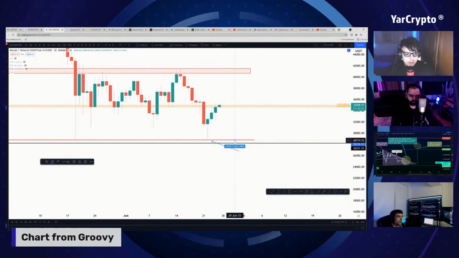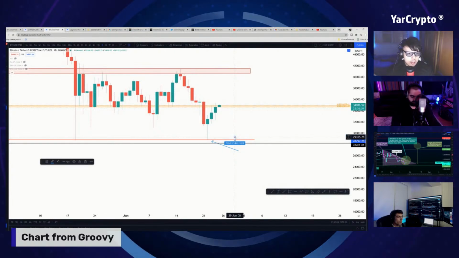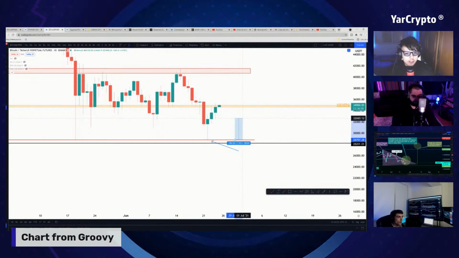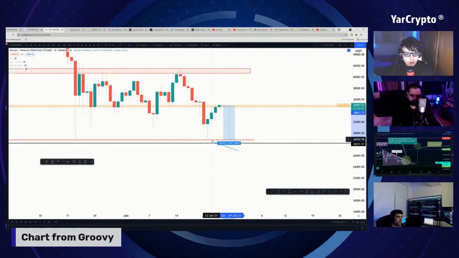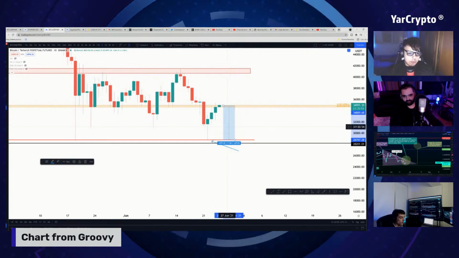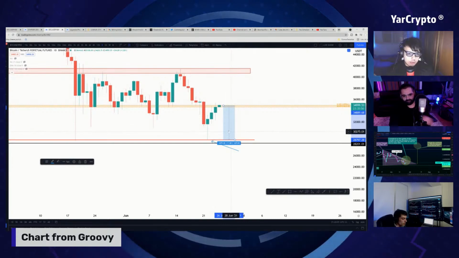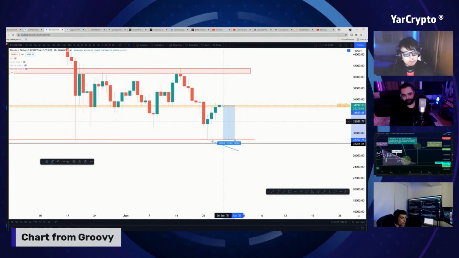But your reward, if your trade actually goes in the right direction, is potentially infinite because you have all of this upside. So let's say you longed at this support, you would have made like 17% right now. This is what I mean when I talk about risk to reward ratio, and I found it very interesting that you mentioned that in your chart as well.